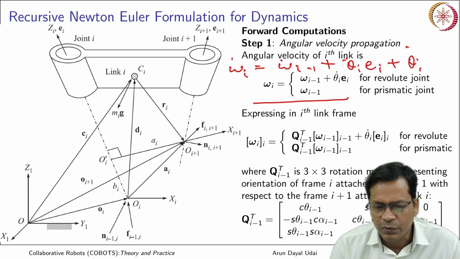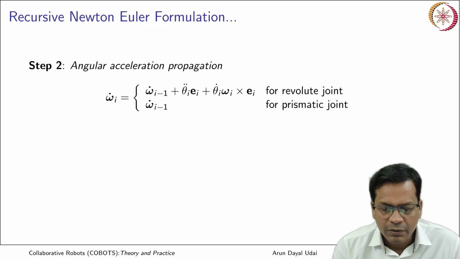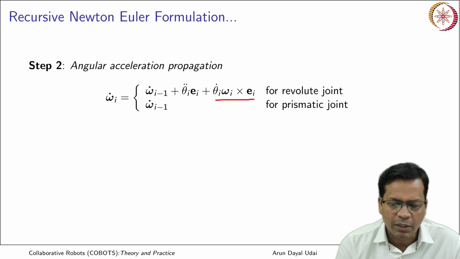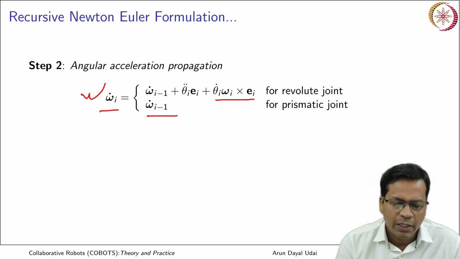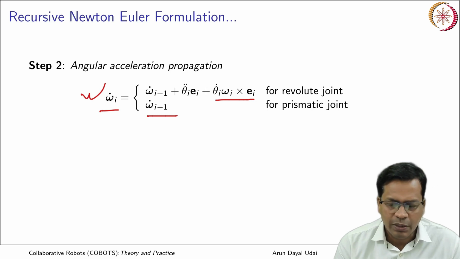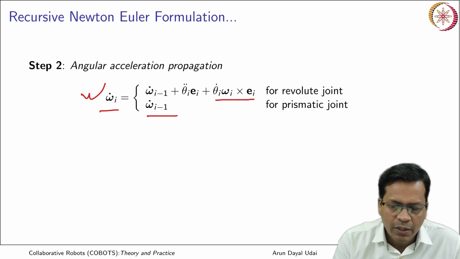It is equal to Ei cross omega i, okay. So that is written here, Ei cross theta dot omega i, okay. So that is the second part. So same, you just take the derivative of that and you obtain this. And for prismatic joint it is very simple, whatever is the angular acceleration of the previous link becomes the angular acceleration of this link also, okay.